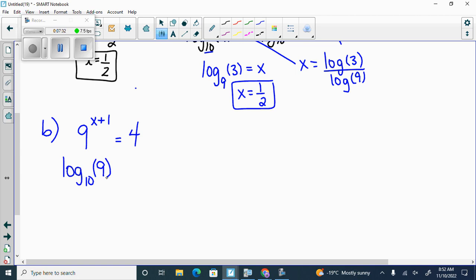You can drop it off after. I don't really care. But it gets people to not put that 9 in the base because it can't be in the base. You're log base 10ing both sides. That's what we're saying, right? So log base 10 both sides, you can either write the base or you don't have to. Just do not put that 9 in the base. And then we have an x plus 1 up here equals log base 10 of 4.